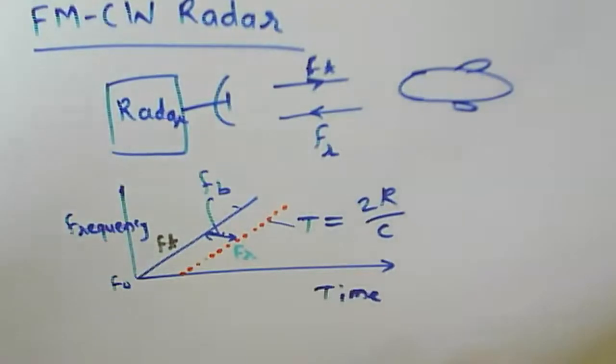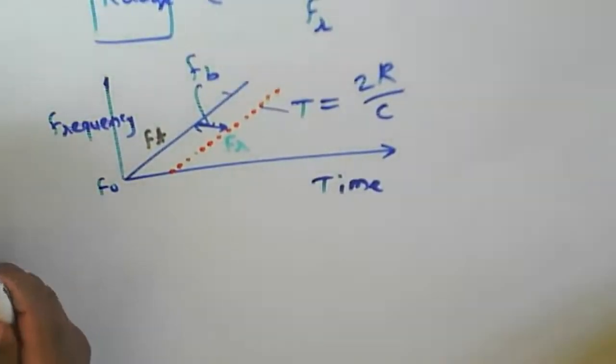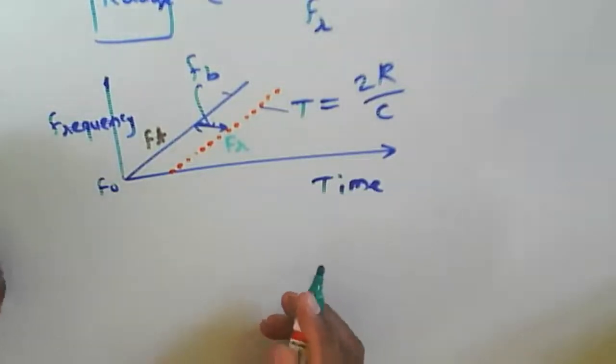Generally, there will be a triangular frequency modulation, or there may be a sawtooth, or there may be a sinusoidal modulation. So we have a signal, and the beat frequency depends upon your transmitting frequency signal and the time.